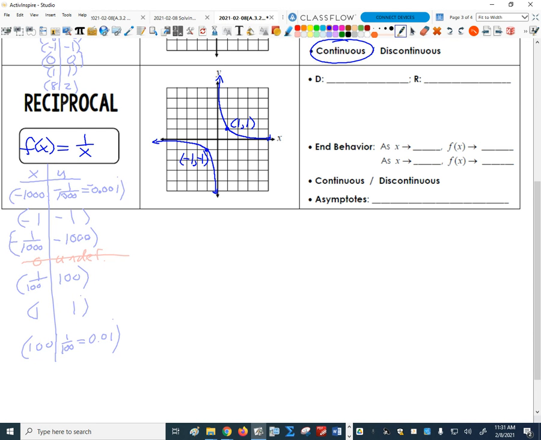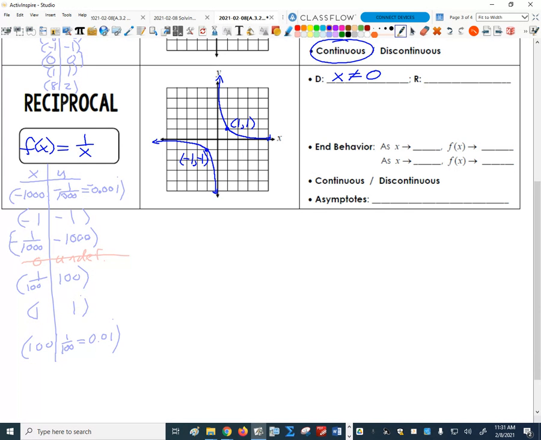There's a single value that the ant can't stand on. What is that? 0. Yeah, the x value can't be 0. And so our domain this time is everything except 0. That's the easiest way to write it. X can't equal 0. That implies that anything else is okay, but it can't be 0.